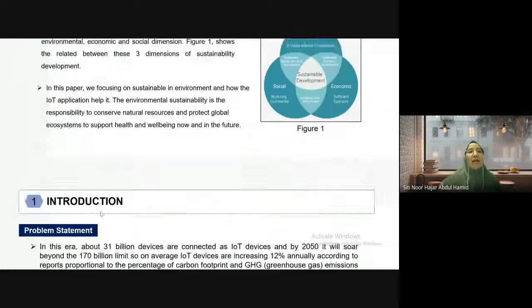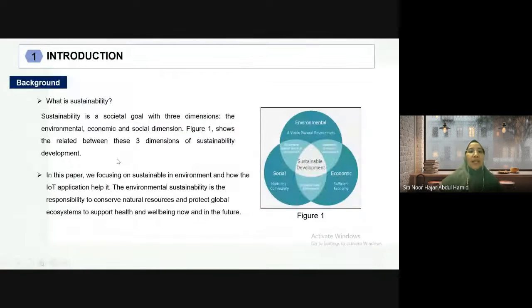Next, we are going to discuss what sustainability is. Sustainability is a societal goal with three dimensions, which is shown in figure one: environmental, social, and economic.